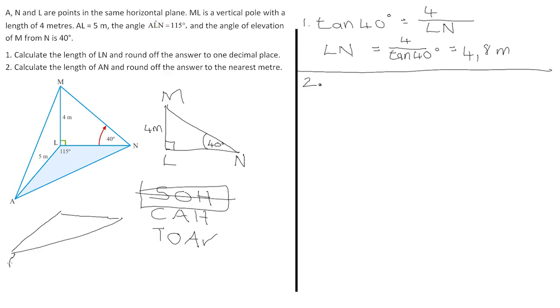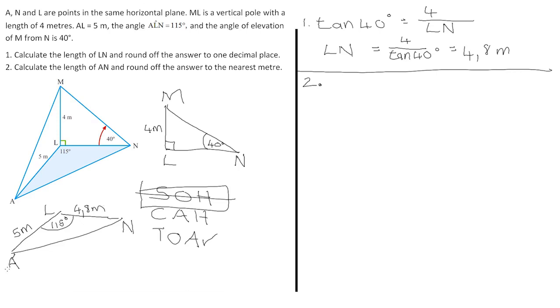We have A, we have N, we have L, we have the 115 degrees here, we have the 5 meters here, and we have just calculated the 4.8 meters there.